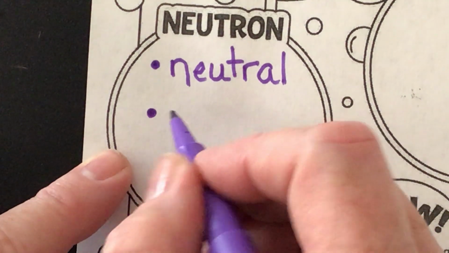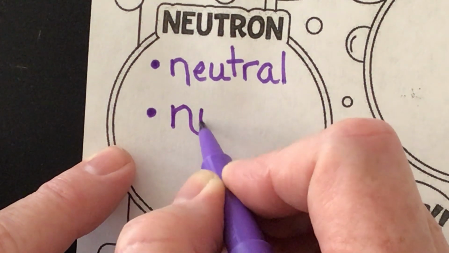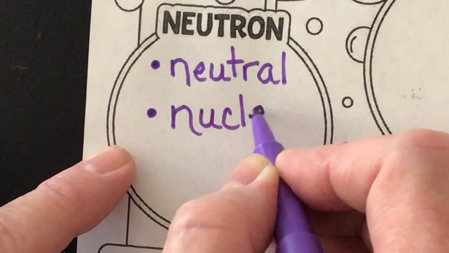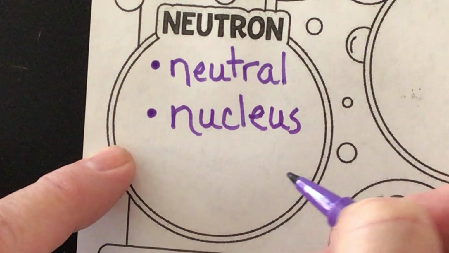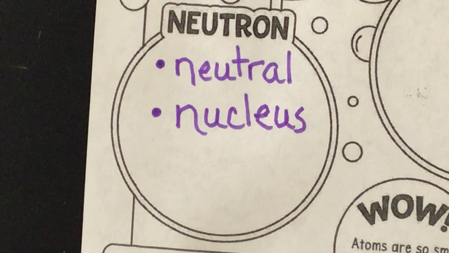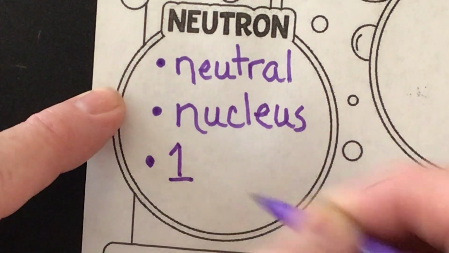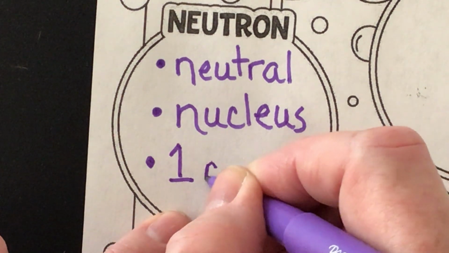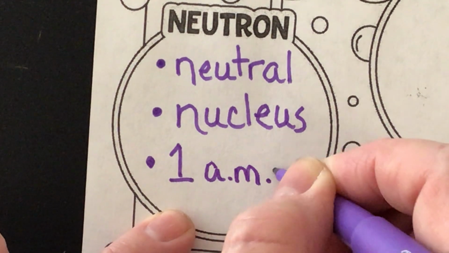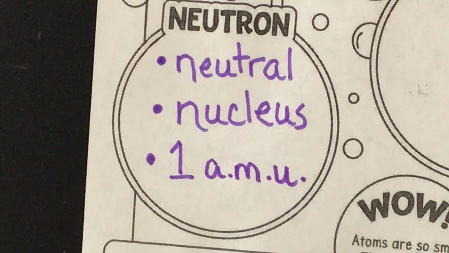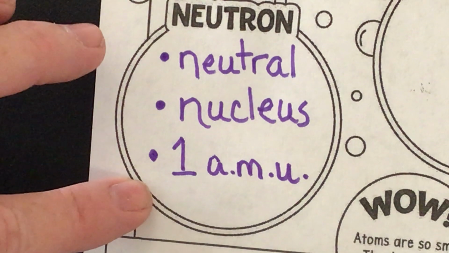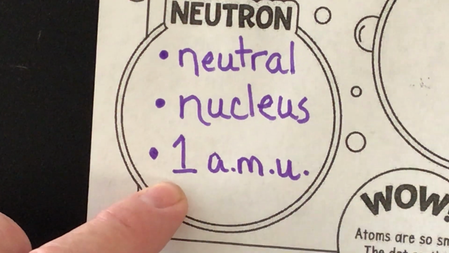Y'all said it hangs out in the nucleus with the proton, making up the atomic mass. And the neutron is the same mass as a proton. So we're going to write 1 AMU. So we've got the neutron being neutral. It's in the nucleus, and it has an atomic mass unit of 1.